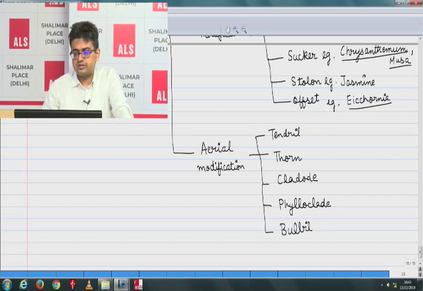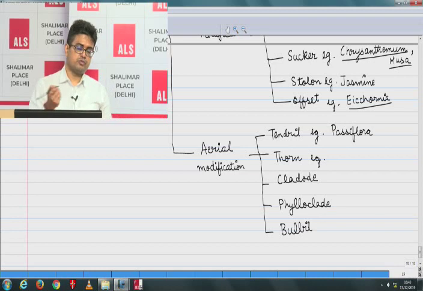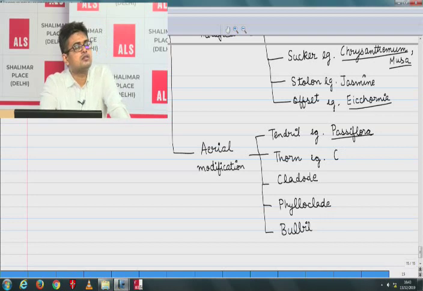Tendril example is Passiflora, passion flower. Example of thorn comes in a lot of categories. Aegle marmelos, belpatra you might have known, comes under this category. Another good example will be citrus.